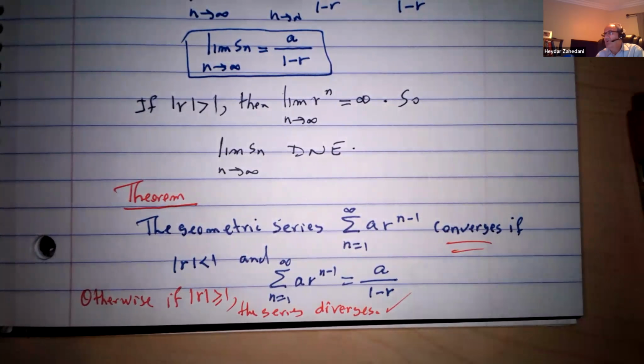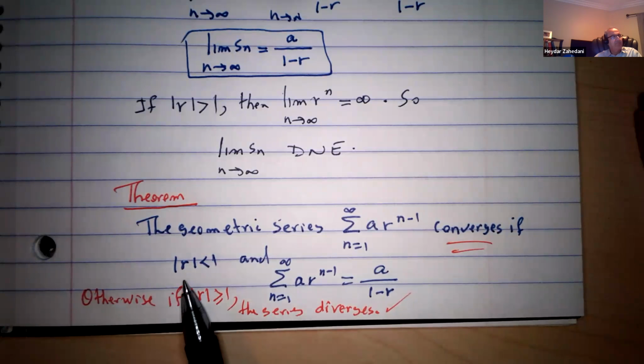So that would be a key for many, many problems in this course. I just proved it for you so that you believe it. If any series is given to you in this course, you have to check first to see if it's geometric. Most of the time it is. If it's geometric, you look at the absolute value of the common ratio.